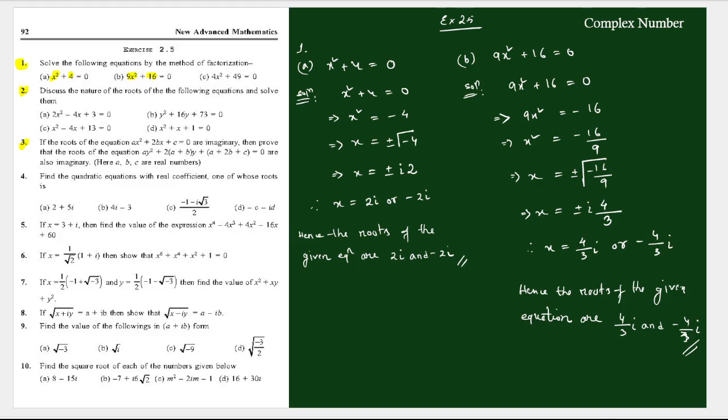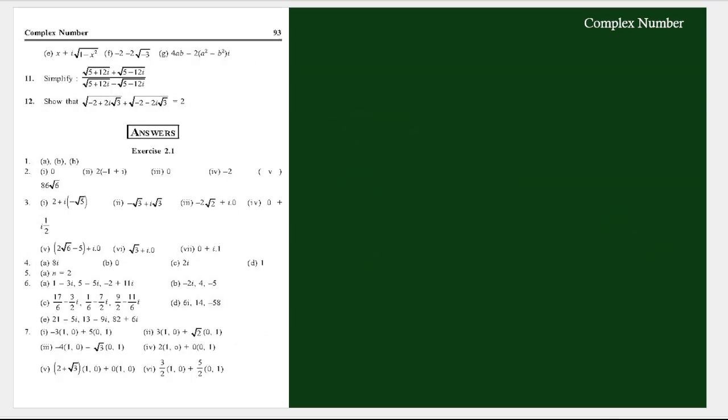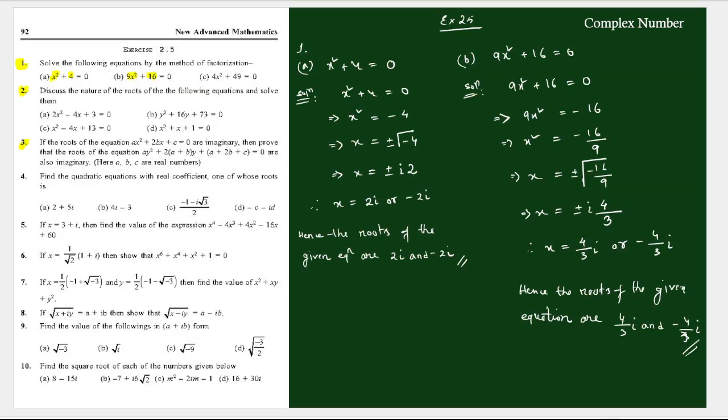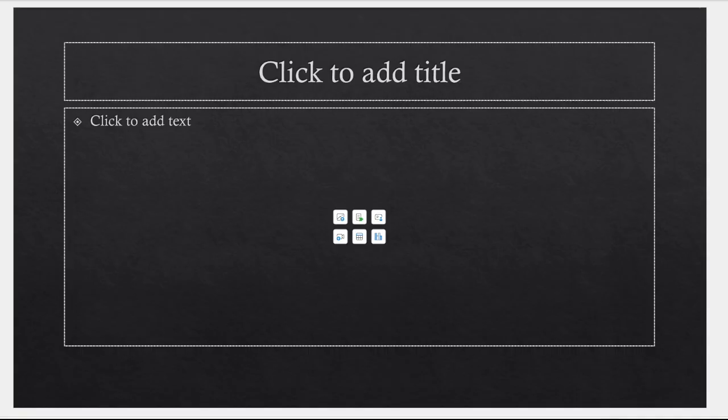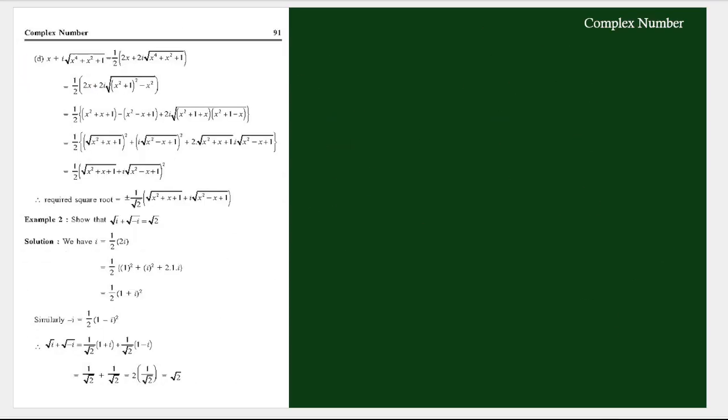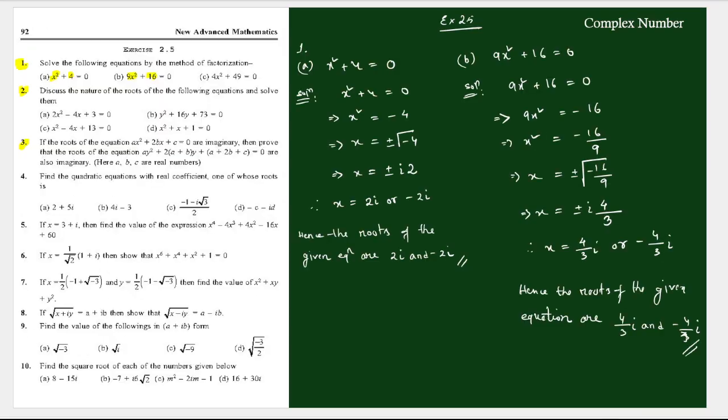Number 2 we need to discuss, this is the example that we did. I'll show you number 1, then you try to do the rest. If you're not able to do it, then inform me.